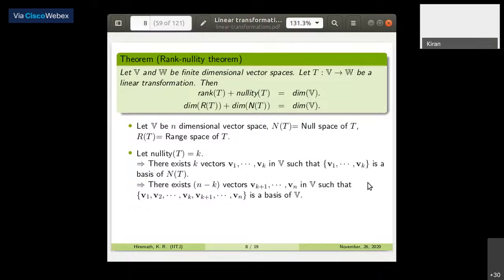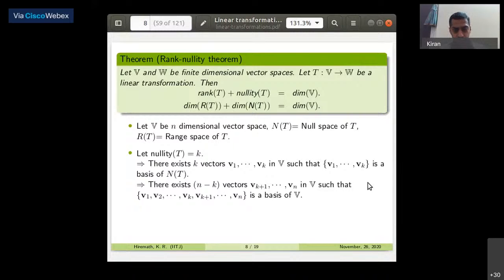Again, this is referring to one of the questions of the tutorial: show that every finite dimensional vector space has a basis. So if it has a basis and it is of finite dimension, there must exist n linearly independent vectors.